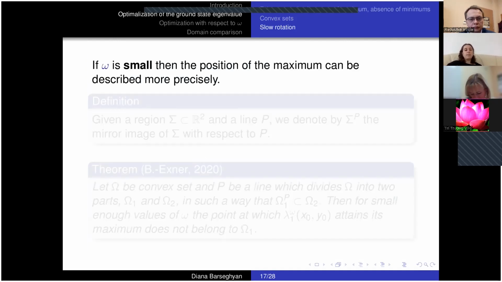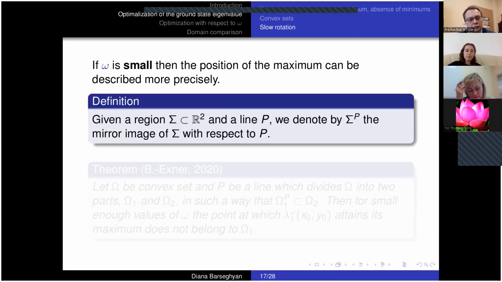Now, if omega is small enough, then you can also say something about the position inside the domain where this point can be. For this, we give the following definition.